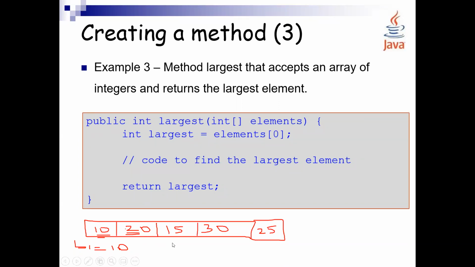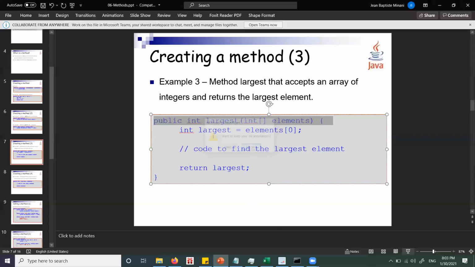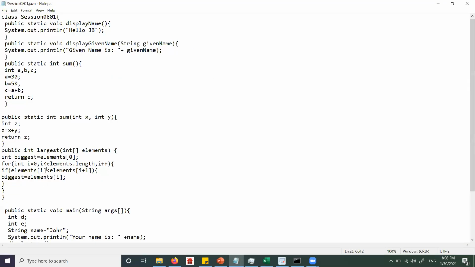So this is the idea that we need to work out to make sure our algorithm works. So if element at position I is greater than element at position I plus 1, the biggest element is the element at position I. Otherwise, nothing will happen. Then it moves to the next.